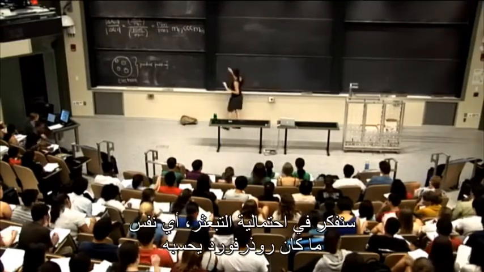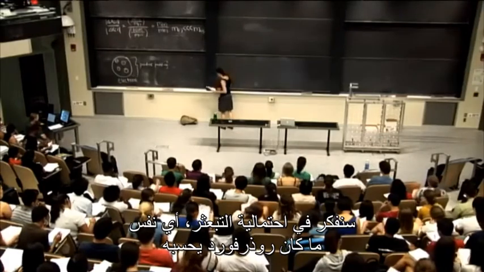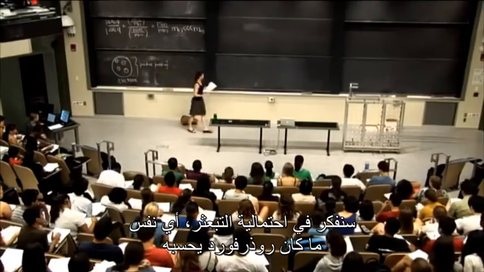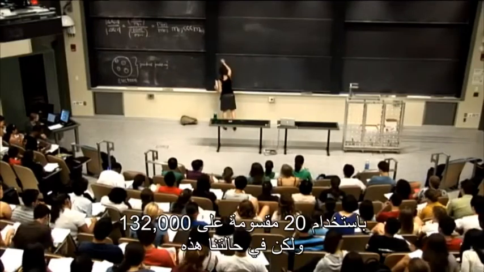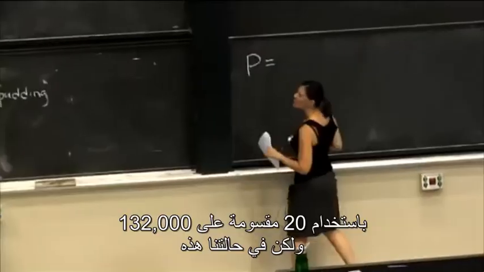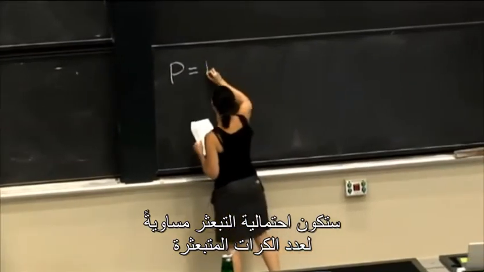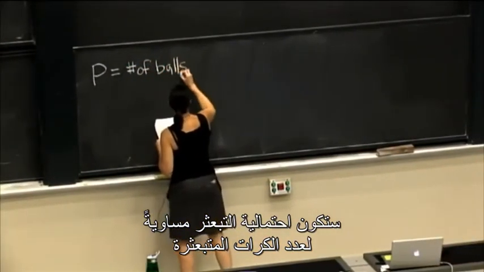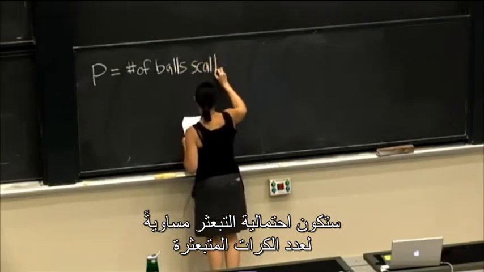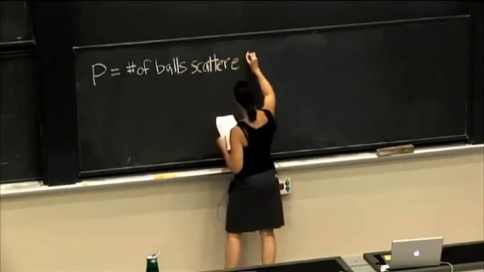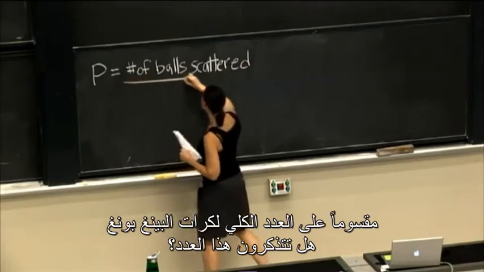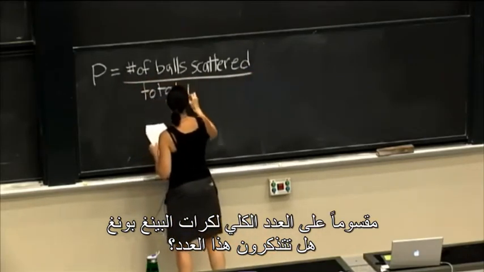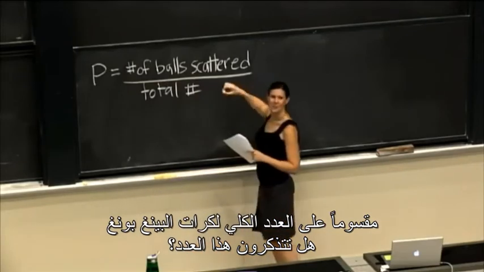So if we think about the probability of backscattering, which is the exact same thing that we saw Rutherford calculate using the 20 divided by 132,000, in our case, the probability of backscattering is going to be the number of balls that backscatter, divided by the total number of ping pong balls. So do you remember what that was?